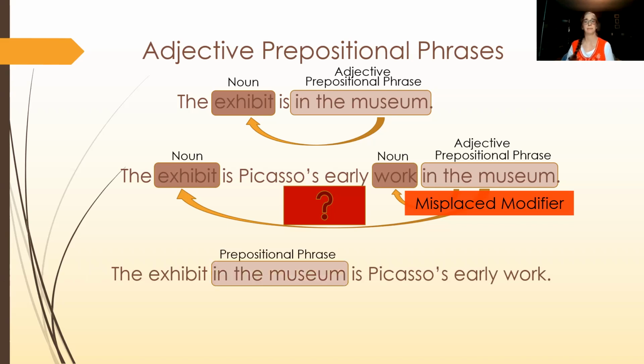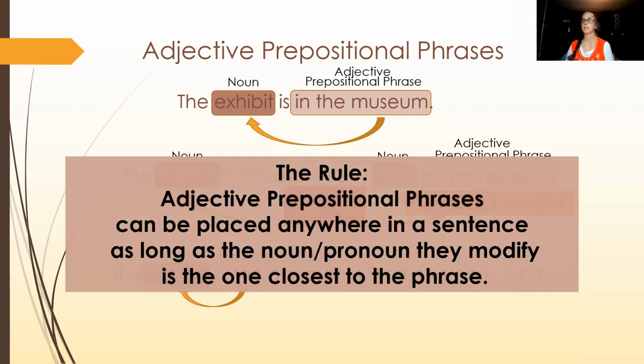In the museum, exhibit. So what's the rule? Adjective prepositional phrases can be placed anywhere in a sentence as long as the noun or pronoun they modify is the one closest to the phrase. So you've got to make sure you don't have any nouns or pronouns in between the one that's being modified and the phrase itself.